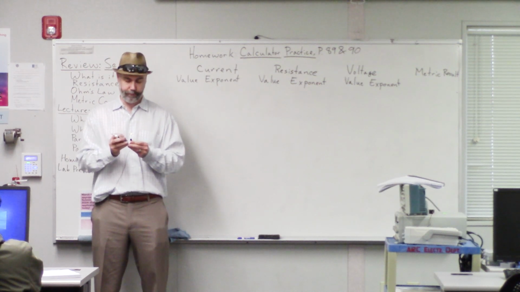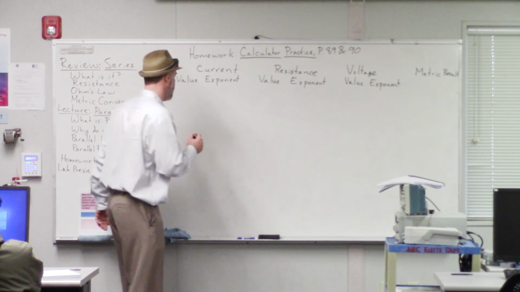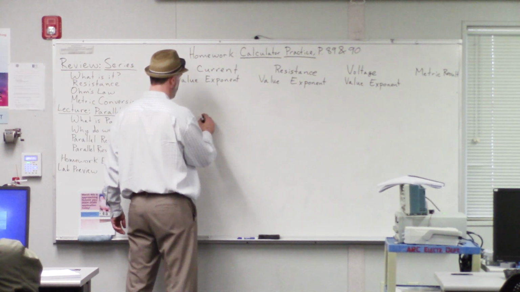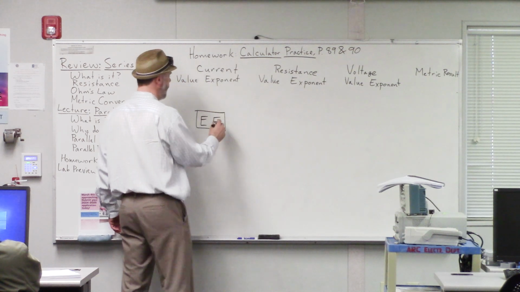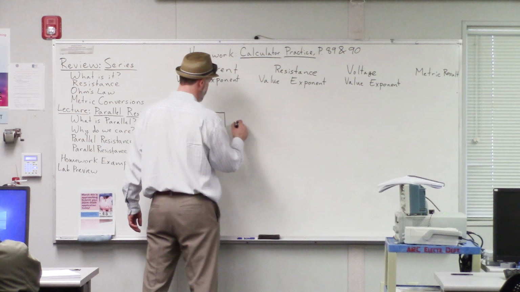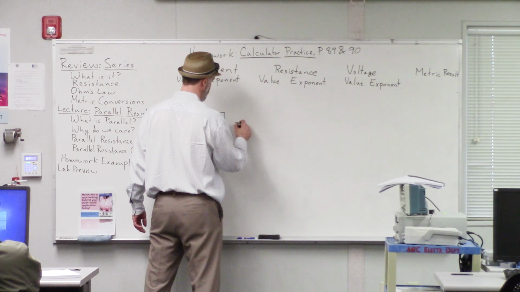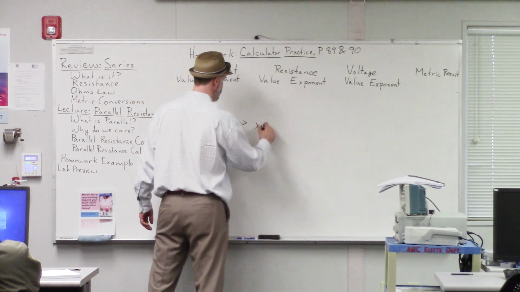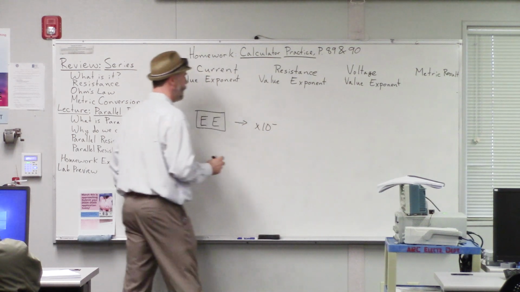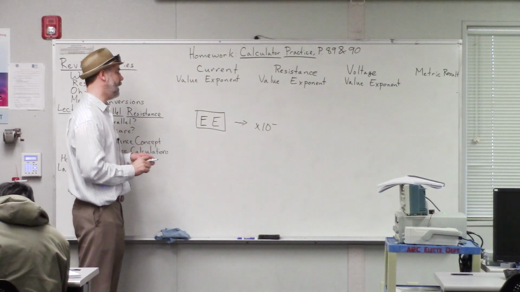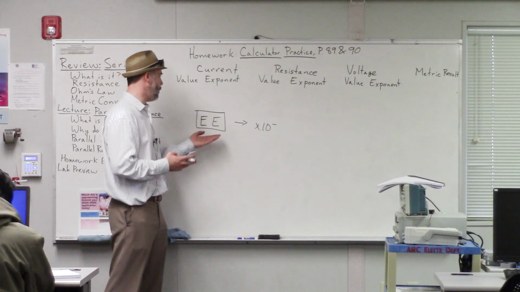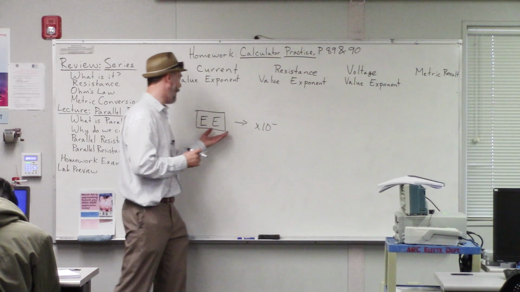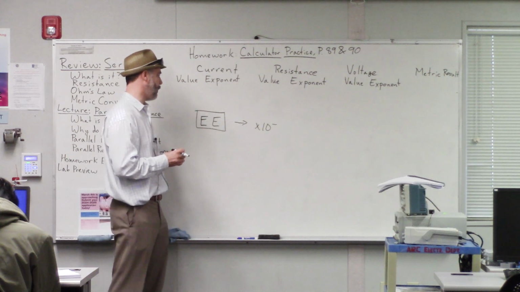So in particular, most calculators have a button that is labeled EE. And EE stands for times 10 to some power. So EE really means you're adding a bunch of zeros onto your number.